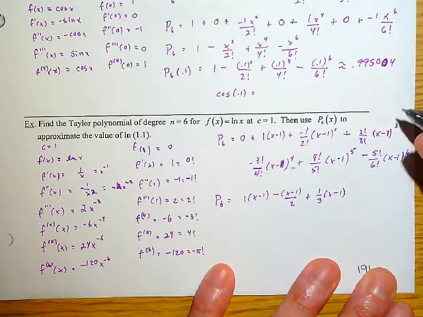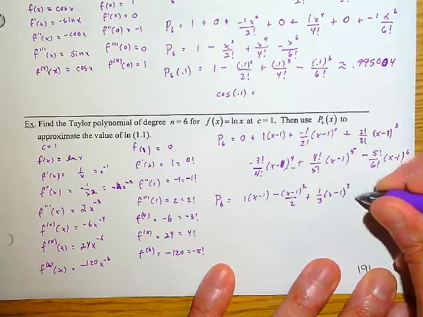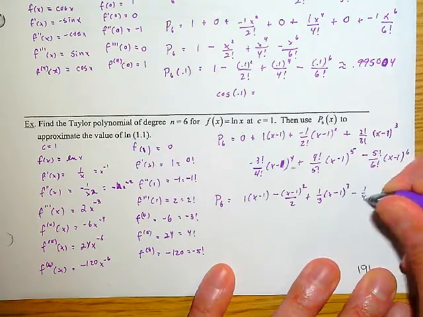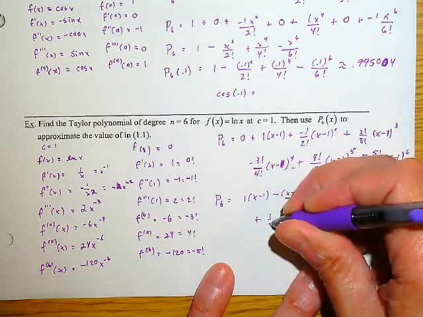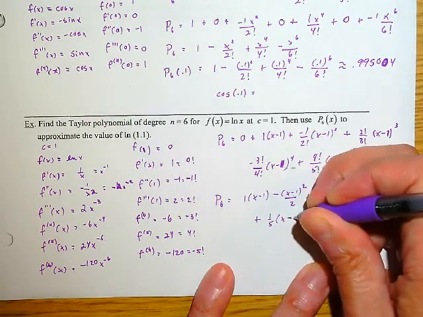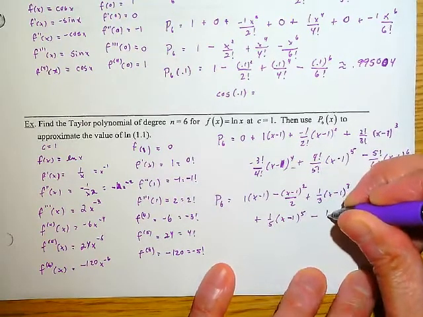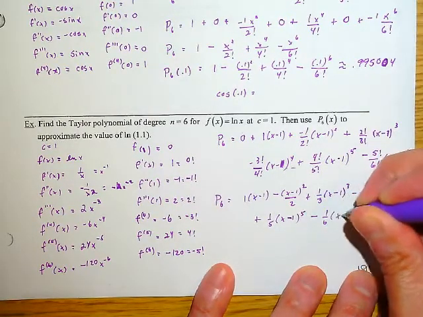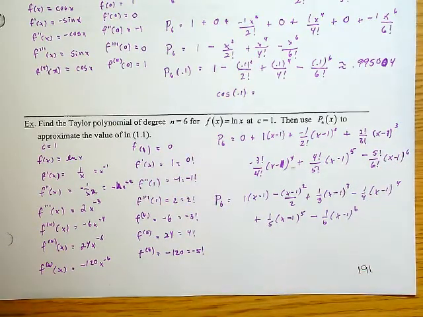This is a 2. This is 3. Minus 1/4 x minus 1 to the fourth, plus 1/5 x minus 1 to the fifth, minus 1/6 x minus 1 to the sixth. I see a pattern here.